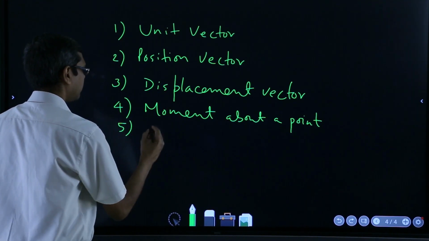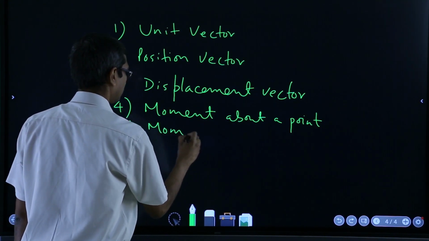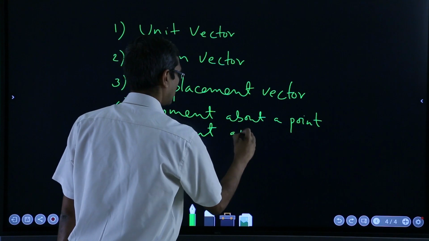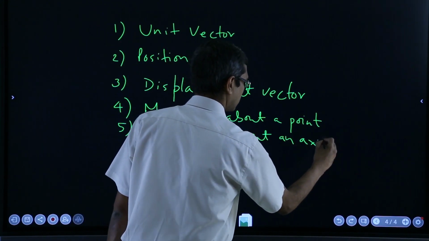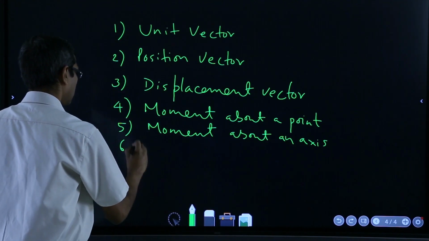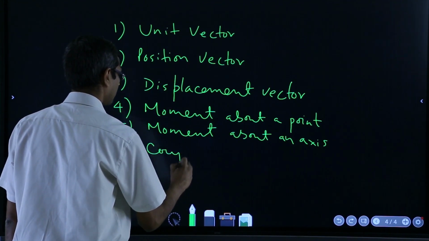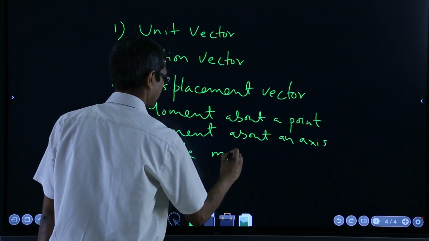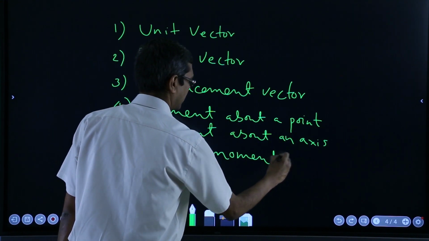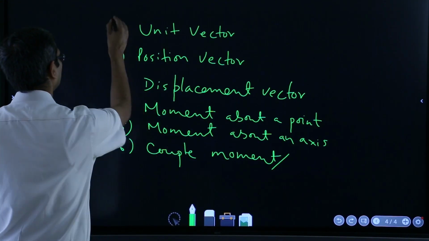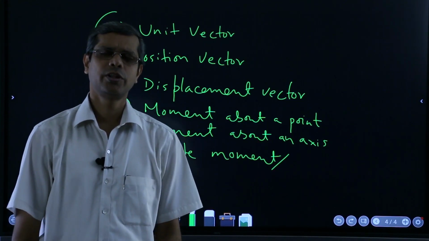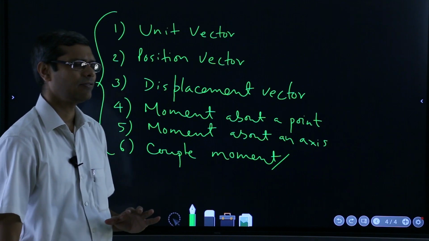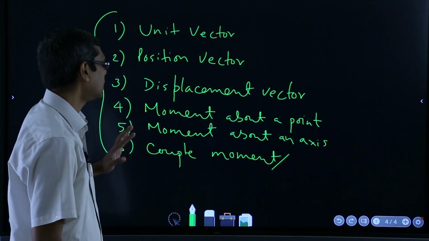Then five, moment about an axis and the couple moment. So, these are the 6 vectors which you should be feeling very comfortable about.